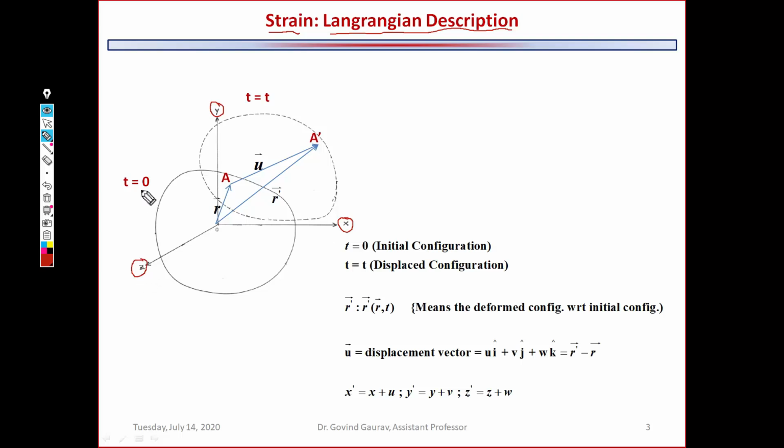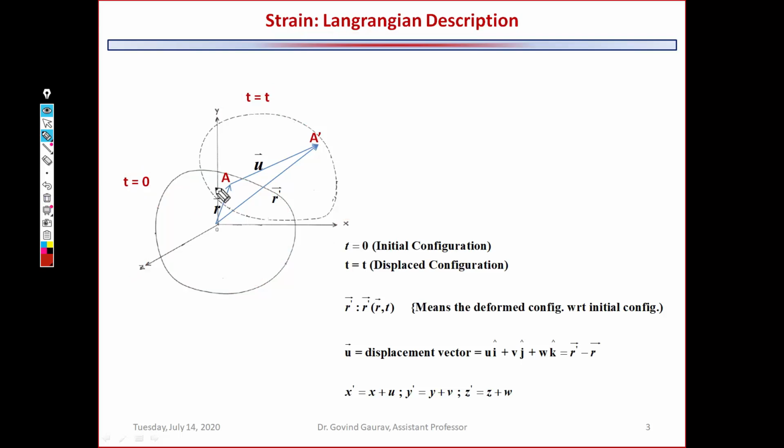The initial configuration is denoted as t is equal to 0, shown by the bold lines, and at time t, under the action of different types of forces, it gets displaced to a new position which is shown by the dotted lines.